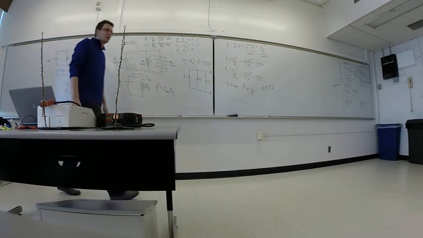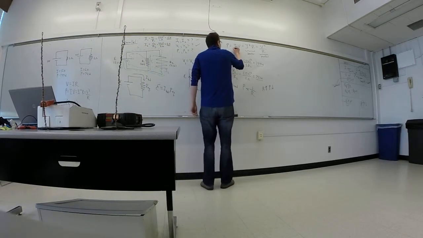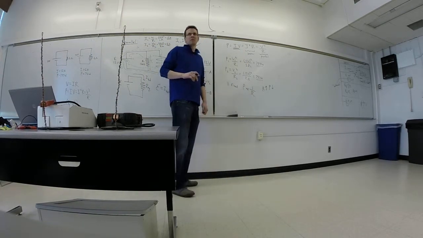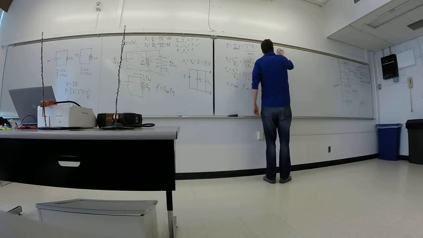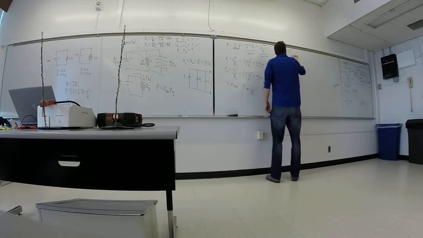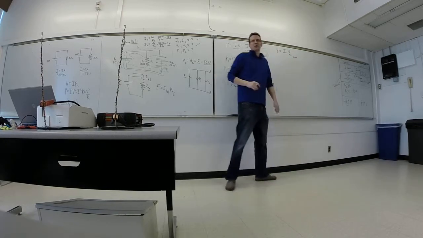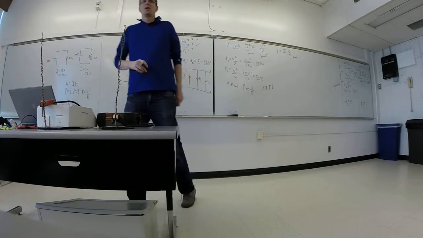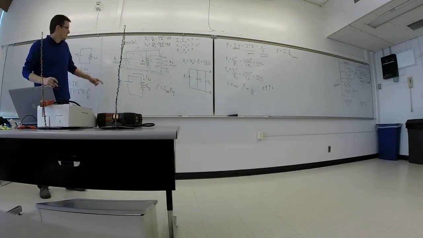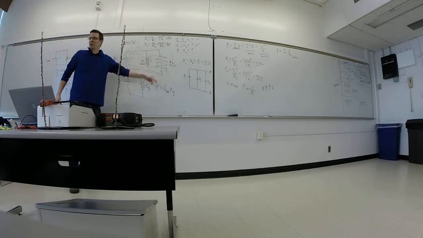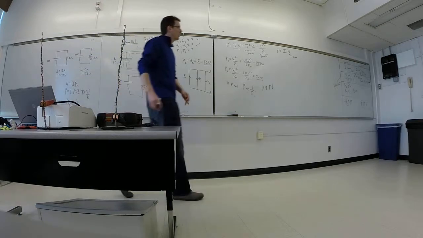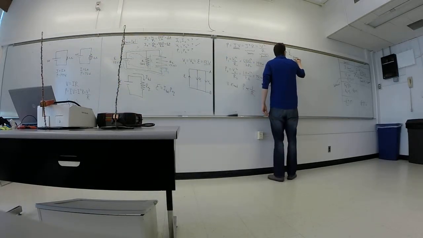If you want to go back to the original formula and explain this, why is this? P equals IV. Well, V is the same for both, which means that the same energy is lost per charge. So when a given electron traverses either one of these resistors, it loses the same amount of energy. So it's the same energy loss per charge.